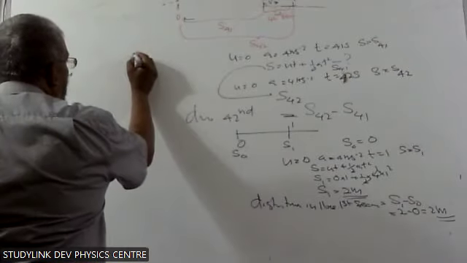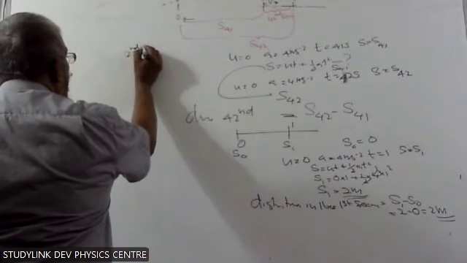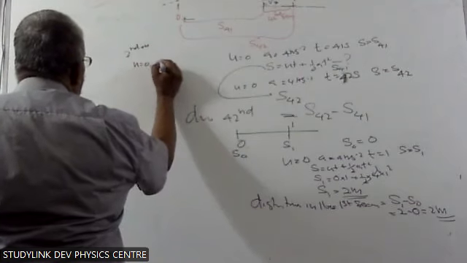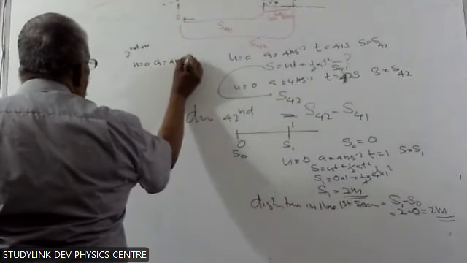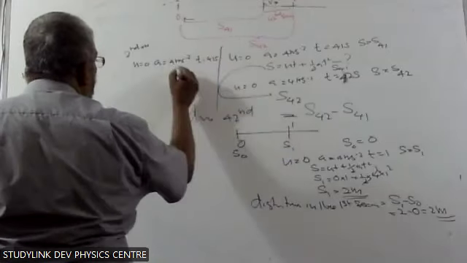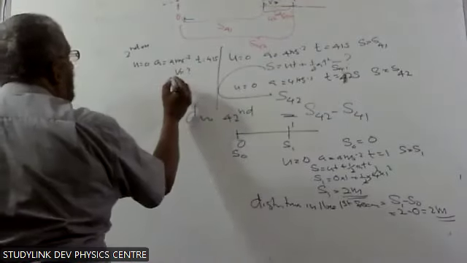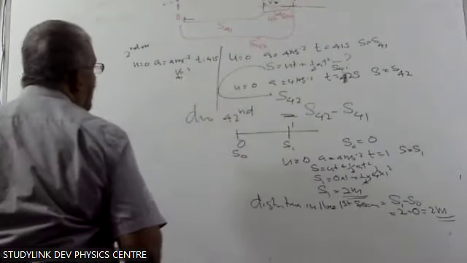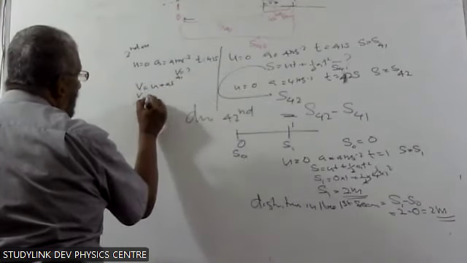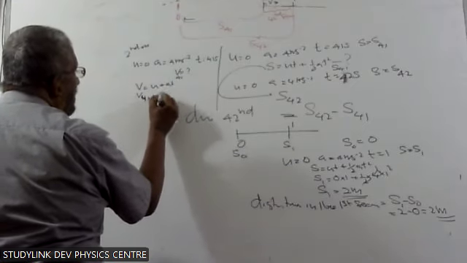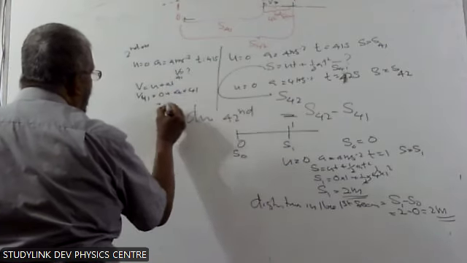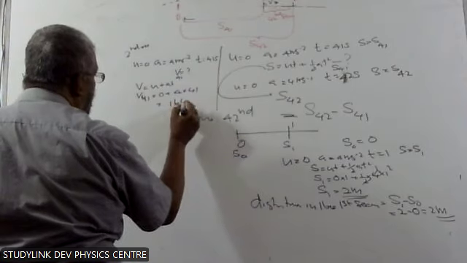There, what you do is, for the second method, you find for u is equal to 0, a is equal to 4 m/s², and t is equal to 41 seconds, and find v, that is v41. v equals u plus at. v41 is equal to 0 plus 4 into 41, then 164 m/s.